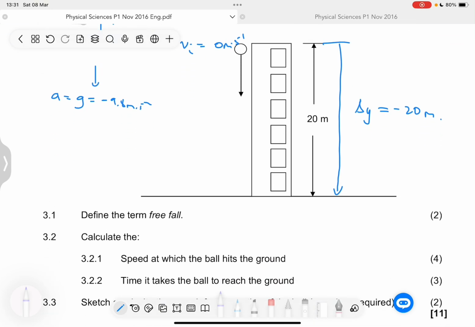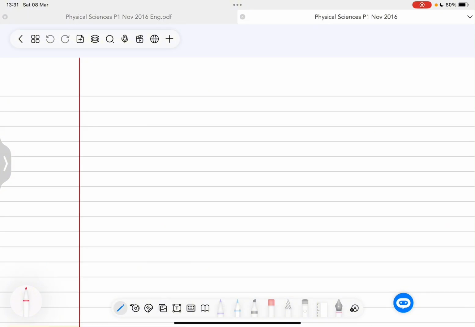Question 3.1 says to us, define the term free fall. So we are doing question 3 and we are on 3.1.